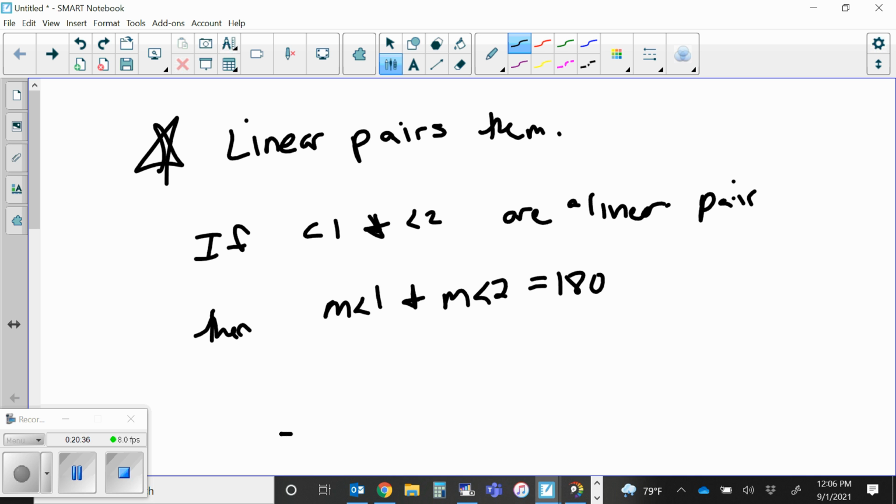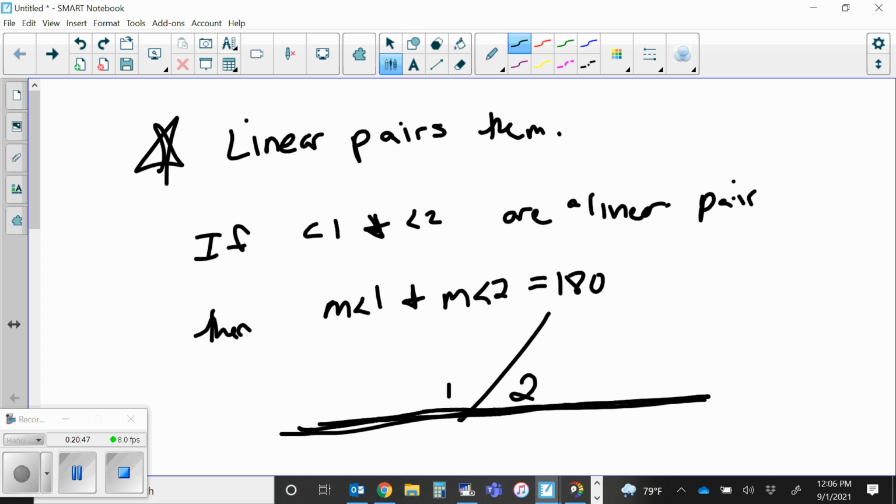So basically it looks like this. 1 and 2 are a linear pair because together they make a straight angle. A straight angle is 180 degrees, it's a line.